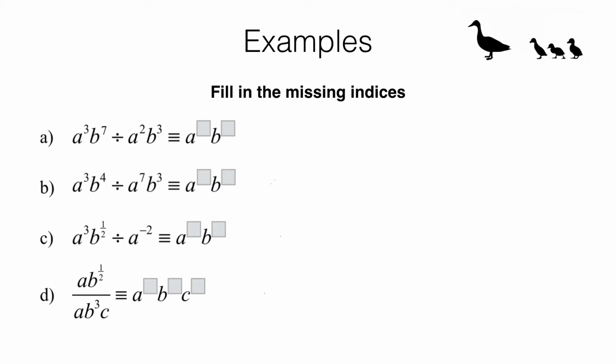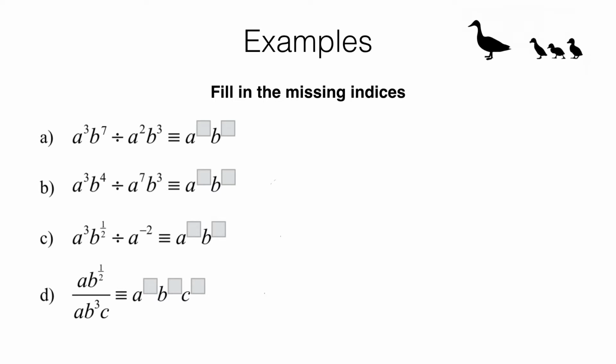Here are the examples. In example A, we've got a cubed b to the power of 7 divided by a squared b cubed. Don't forget there are invisible multiplication signs here and here. So what we're really doing is dividing a product by another product.